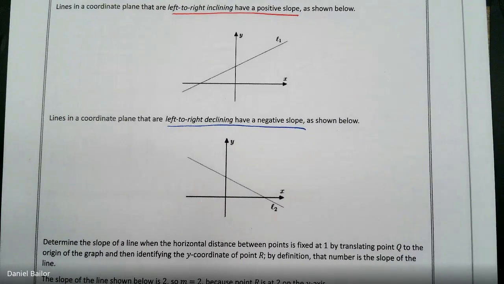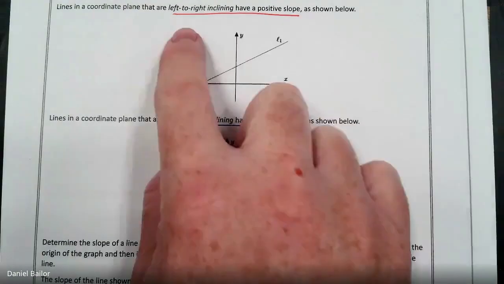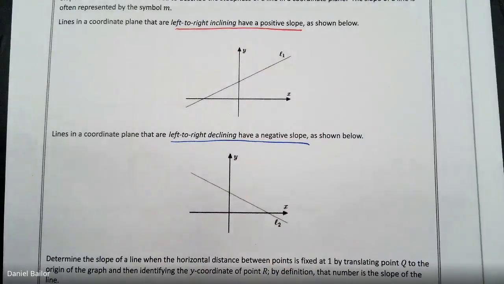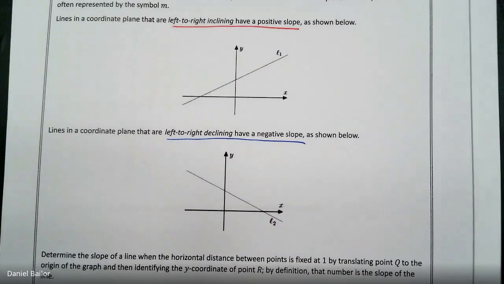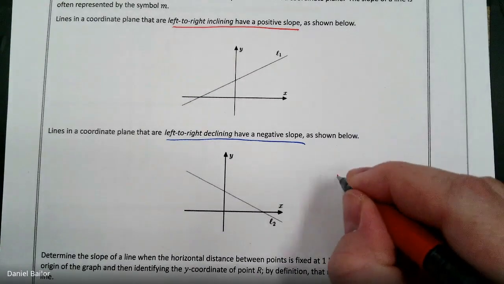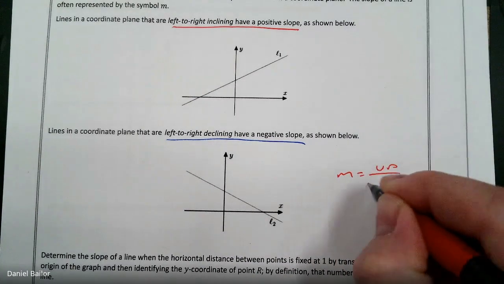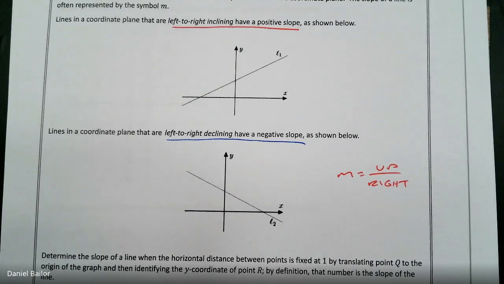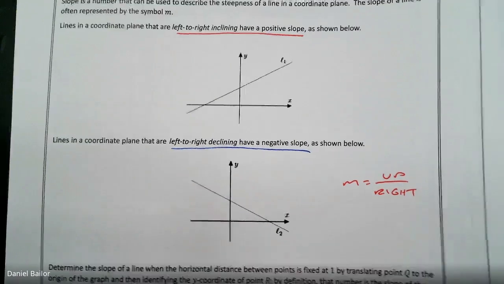And you know how to find slope. I'm going to add it to this page right here. Slope M equals up divided by right. That is the quick and easy way we learned it today. We're going to learn how to do it more mathematically in another day. But that was really quick. Up divided by right equals slope.